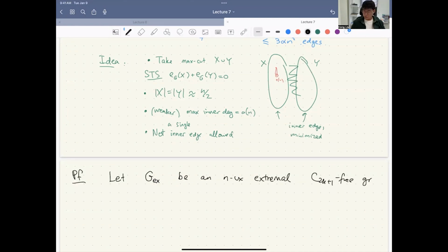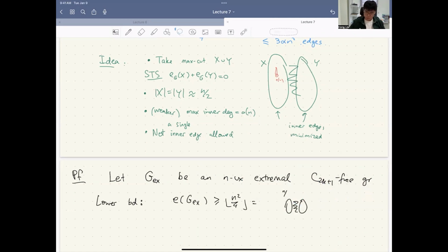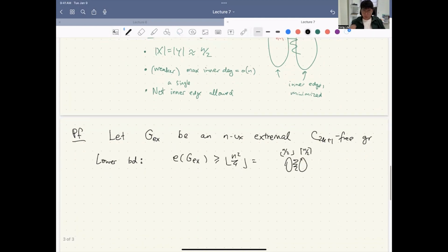The lower bound is easy: the number of edges of this is at least n squared over 4. This is easy just by taking the complete bipartite graph on two parts. So our goal is to prove that this G, the extremal graph, has at most n squared over 4 edges.